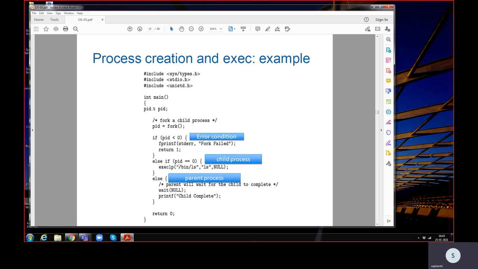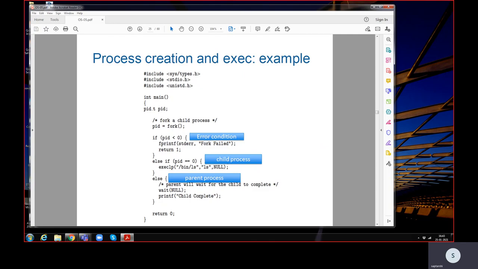And here ls is being invoked. So /bin/ls is the executable of the ls program that is being invoked here. So now the child will execute ls. The child will no longer execute this code which you are seeing. It will execute ls.